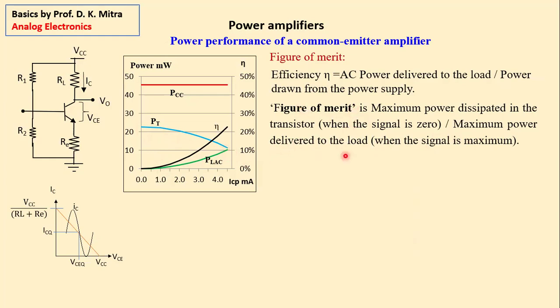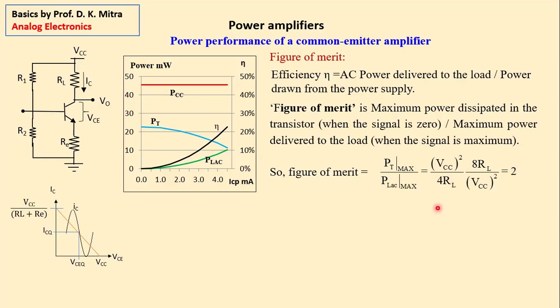Now, why do we need this figure? I'll explain. Figure of merit is PT max, that means the maximum power lost in the transistor, divided by the maximum power deliverable to the load. This ratio is 2.